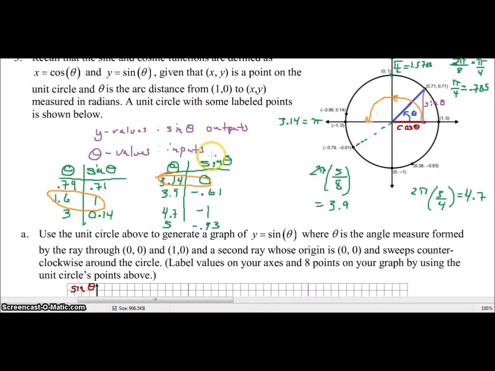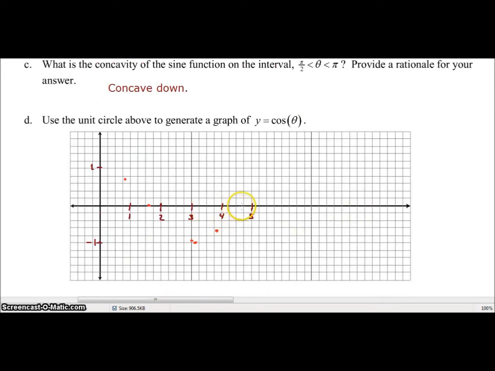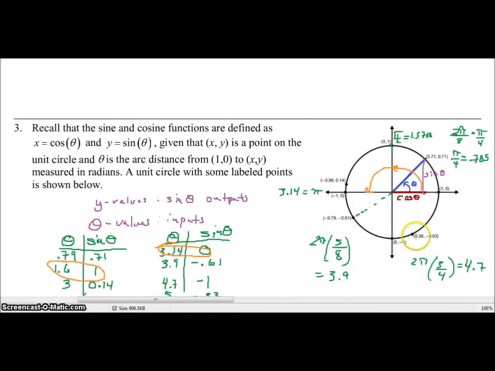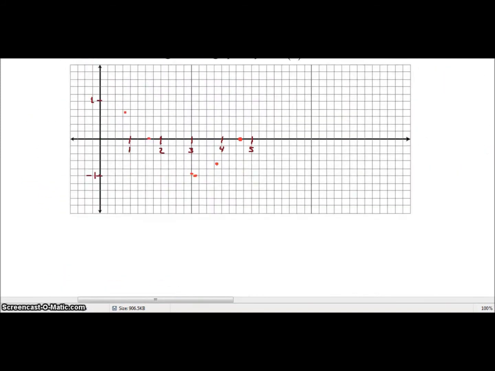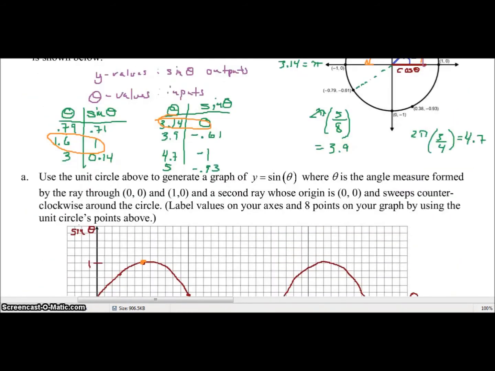And when the input is 4.7, the x value is 0. That's our cosine of 4.7. And then at 5 radians, 0.38. Now think about what the value would be when theta is 0.